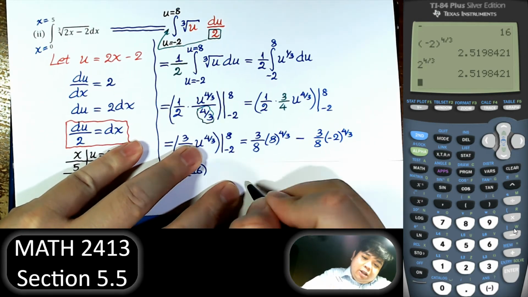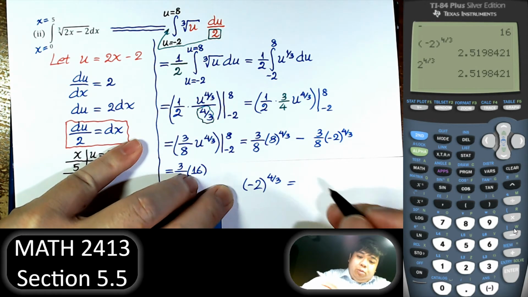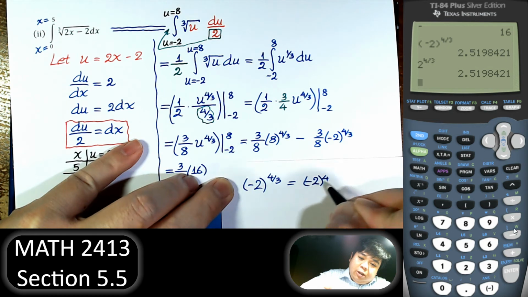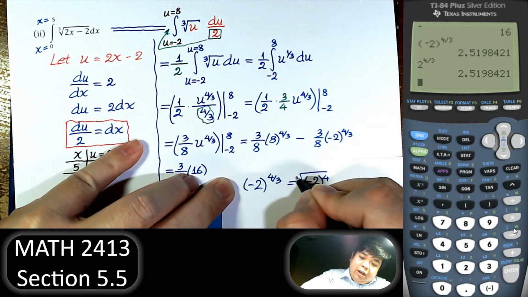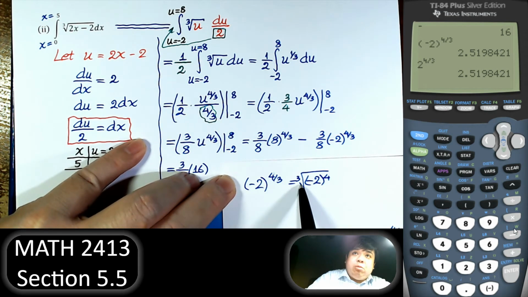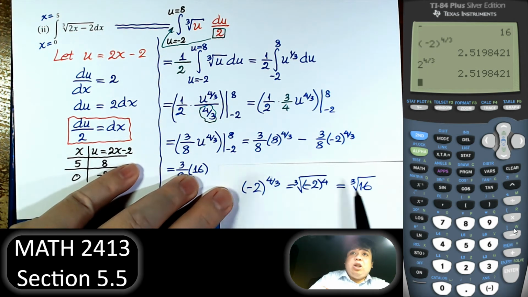So we write this as 2 to the fourth, and then cube root. The top number gives us the power, the bottom number gives us the index of the radical. So in this case we can just say cube root of 16 if we want to.